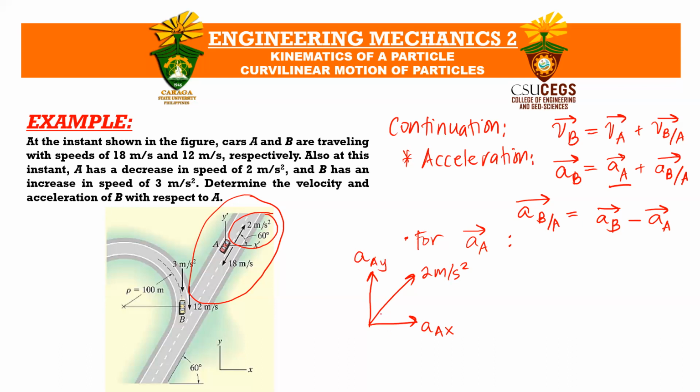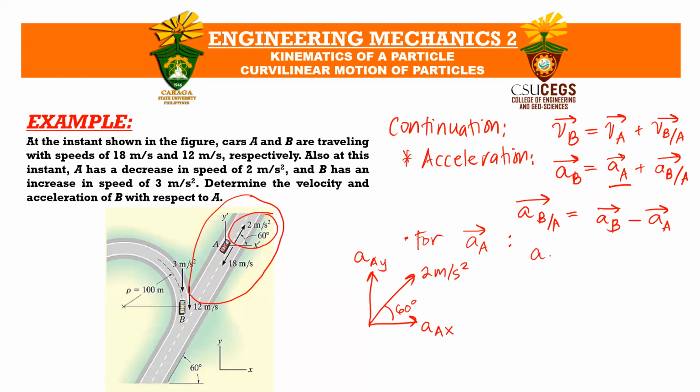Both of the components are positive since the 2 meters per second squared is going upward. And here, the angle would be 60 degrees based on our figure.